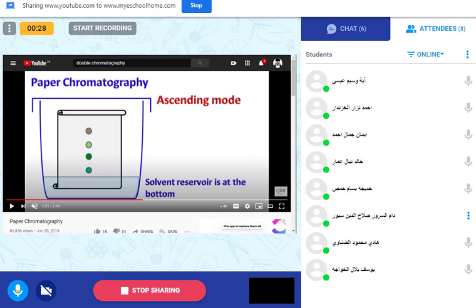Let me ask someone who can tell me which one of these 4 amino acids is the smallest. Or what color is the smallest amino acid? What color is the smallest amino acid?